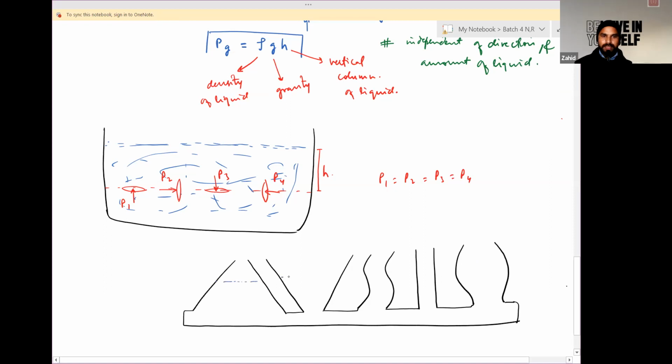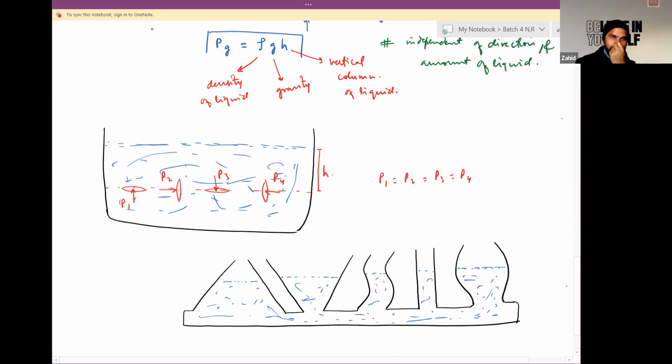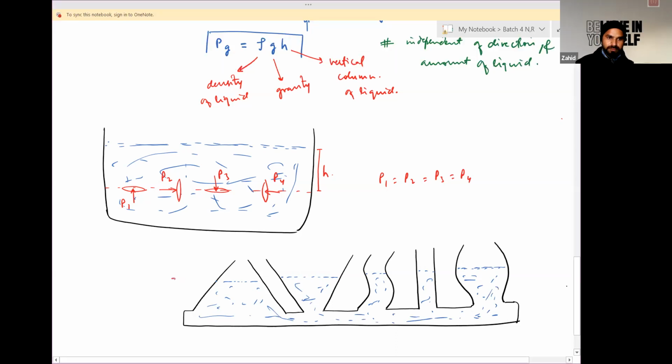Liquid in each container, irrespective of its shape, will be at the same vertical height. It means the vertical column for each segment will be the same.